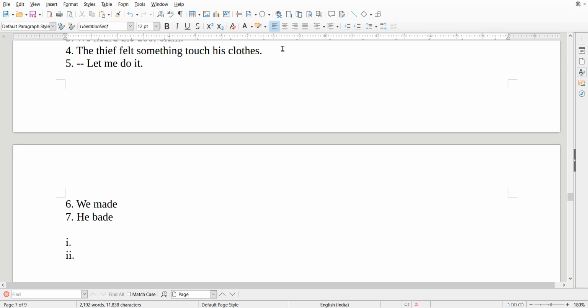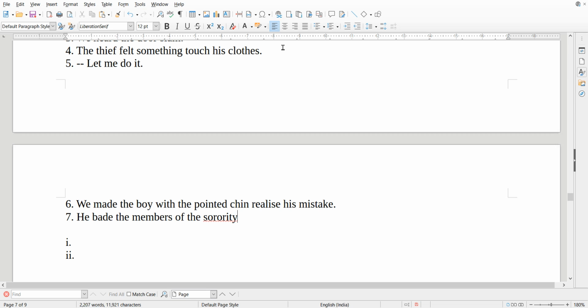We made the boy with the pointed chin realize his mistake. He bade the members of the sorority.